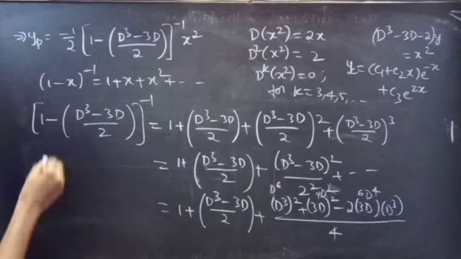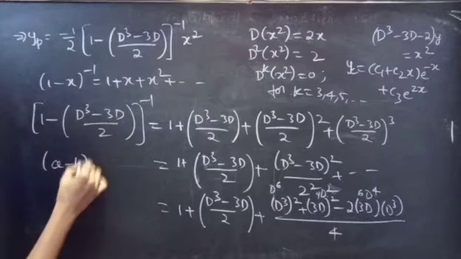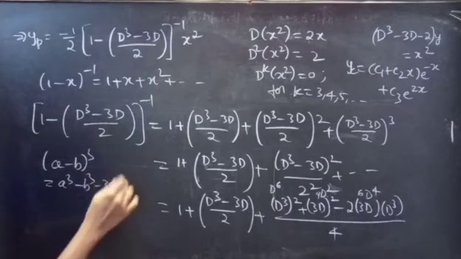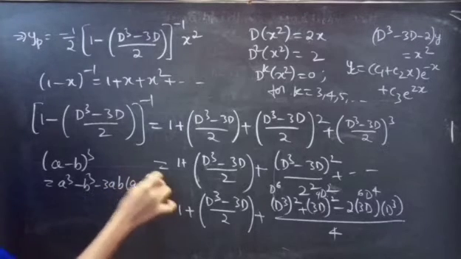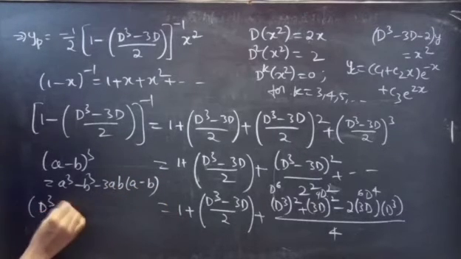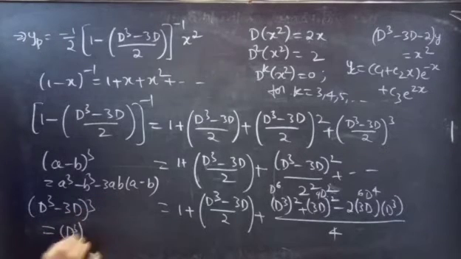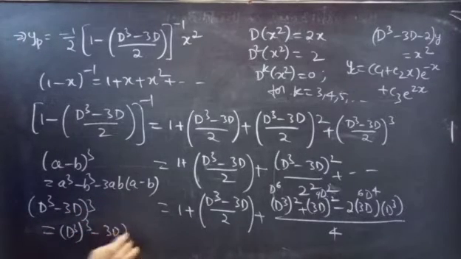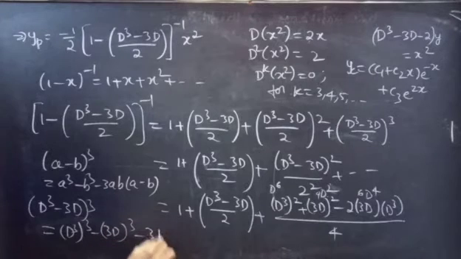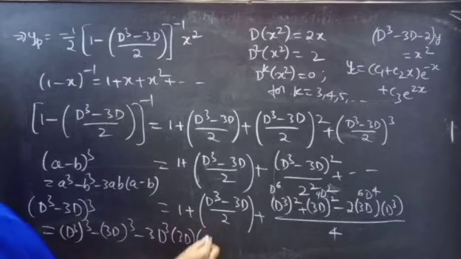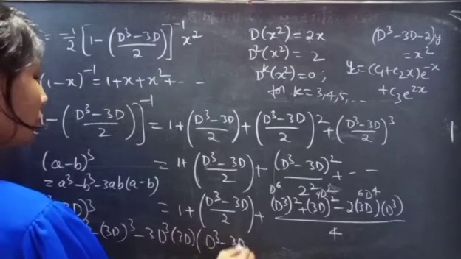If you want, you can check: d cube minus 3d whole cube is equal to d cube whole cube minus 3d whole cube minus 3 into d cube into 3d into d cube minus 3d.